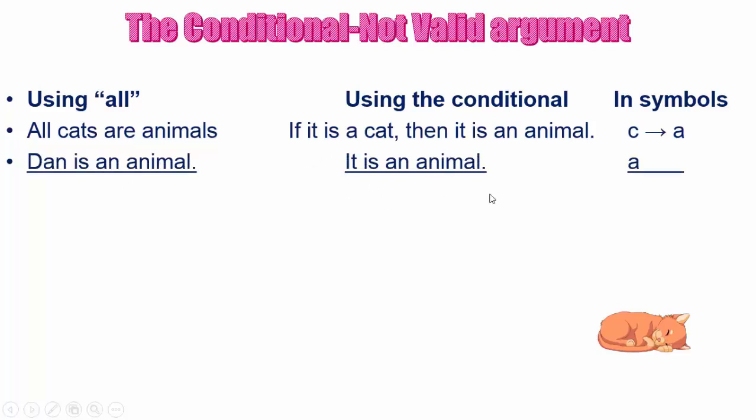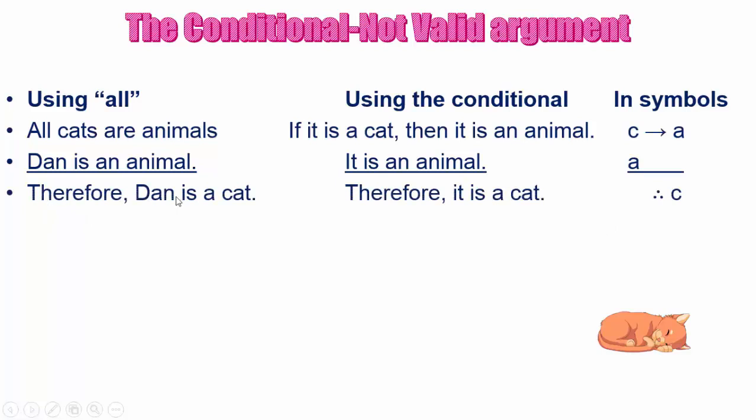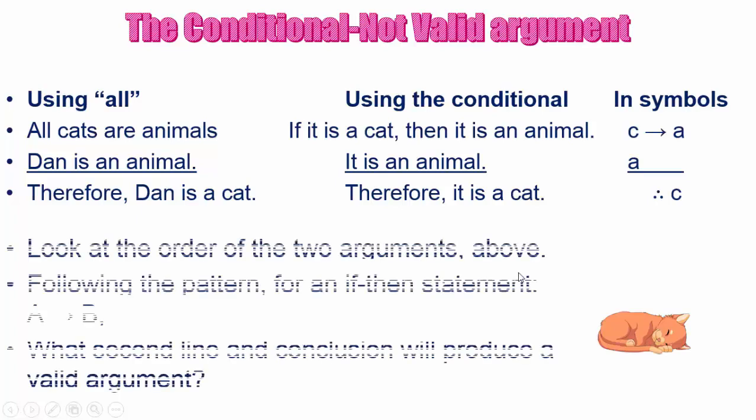Using the conditional, we drop the specifics about the name, so we just say it is an animal, and in symbols, just A. And then we have our conclusion: therefore Dan is a cat, therefore it is a cat, and there's the three dots, therefore C.